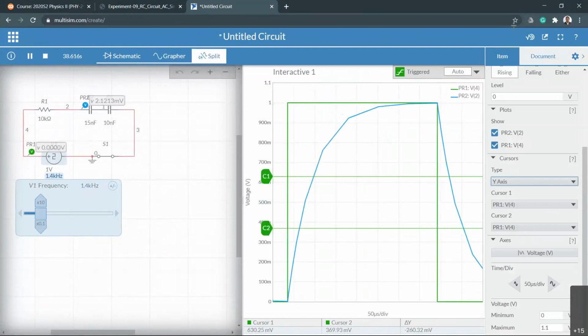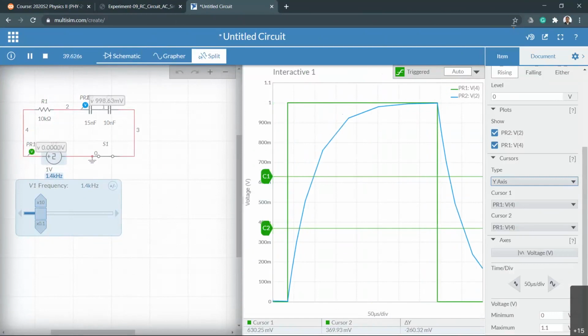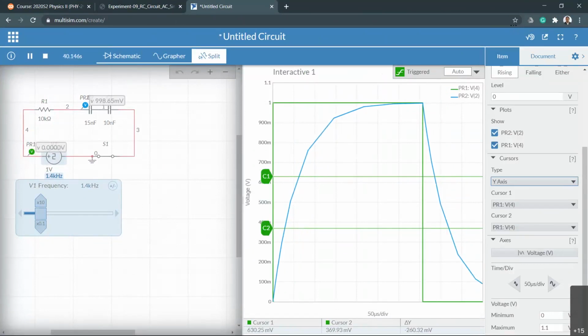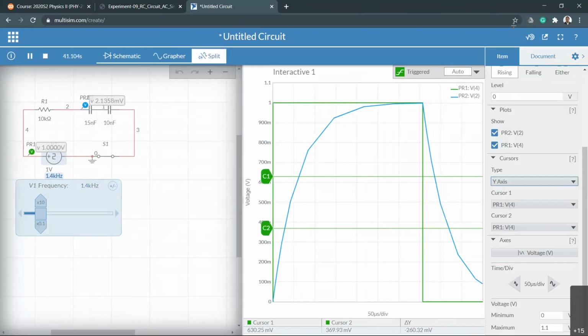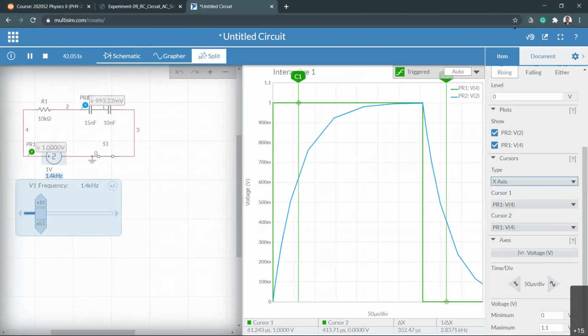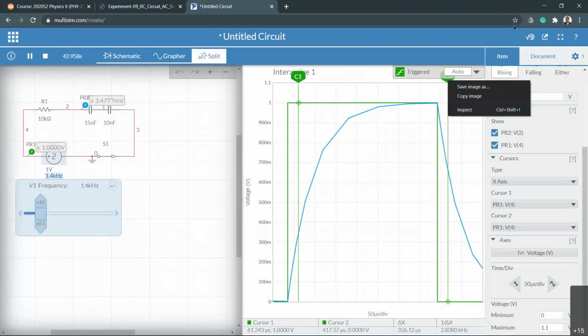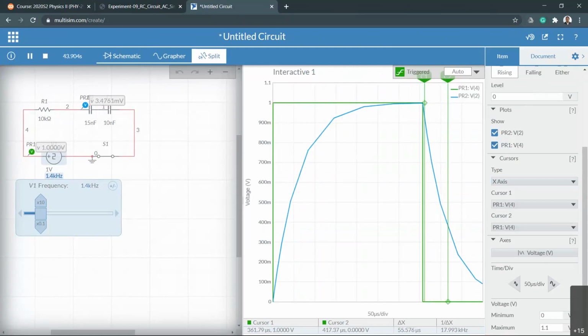Okay, that's 1/3 of the discharging curve, 1/3 after the first segment from the second green vertical line. Okay. About right. And then let's bring this C1 into the second green vertical line.